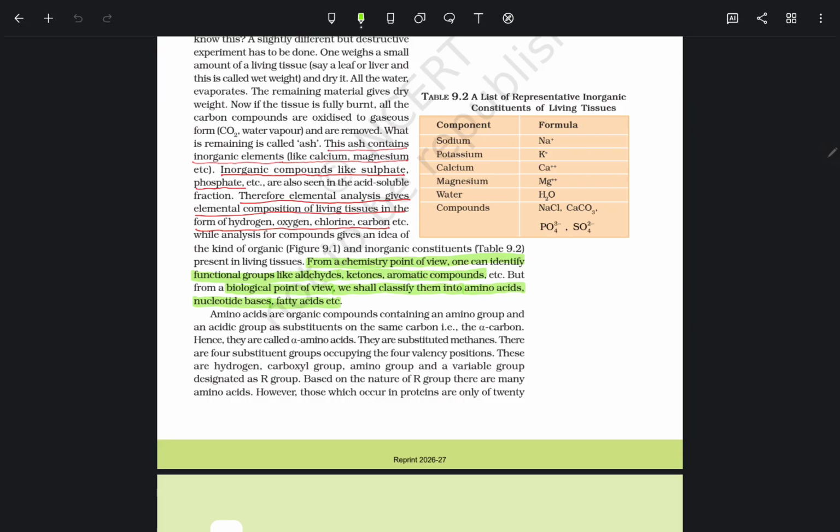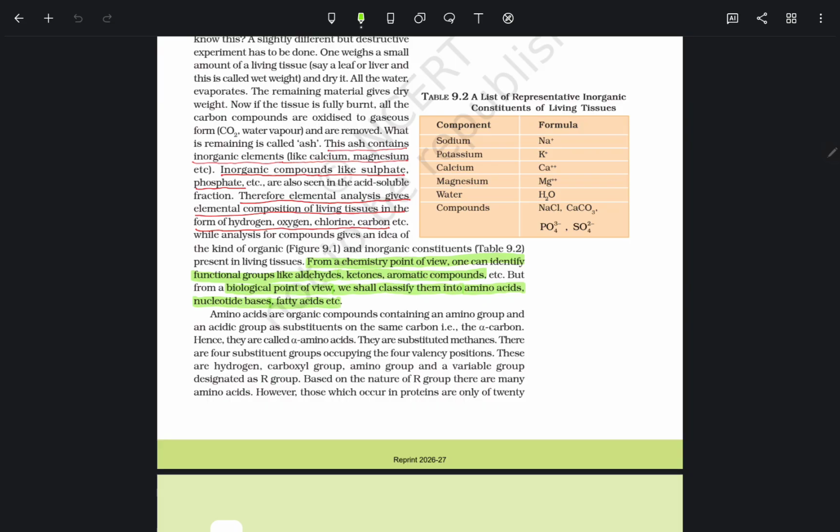They are substituted methane. There are four substituent groups occupying the four valency positions. These are hydrogen, carboxyl group, amino group, and a variable group designated as R group. Based on the nature of the R group, there are many amino acids.